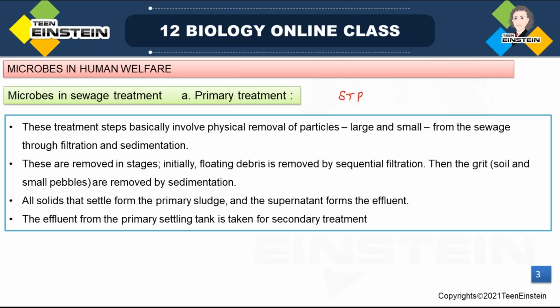Sewage treatment plants will treat that waste. So before disposal, the sewage is treated in a sewage treatment plant, and then it is released. So instead of creating such pollution, the percentage of pollution will be very less. Up to that level, the sewage will get treated, okay.